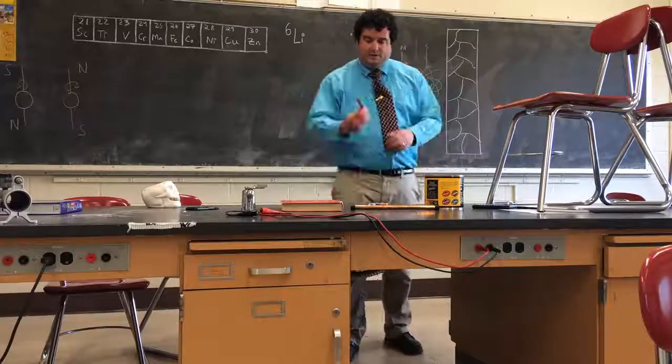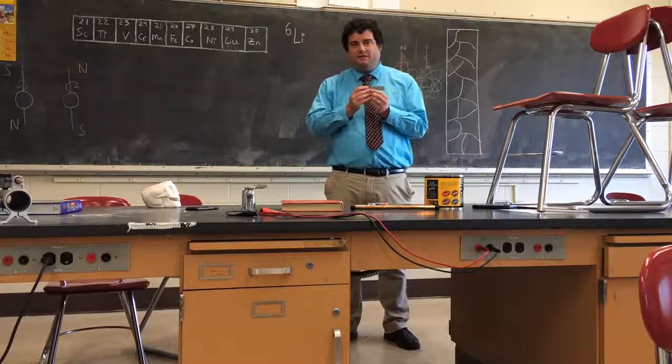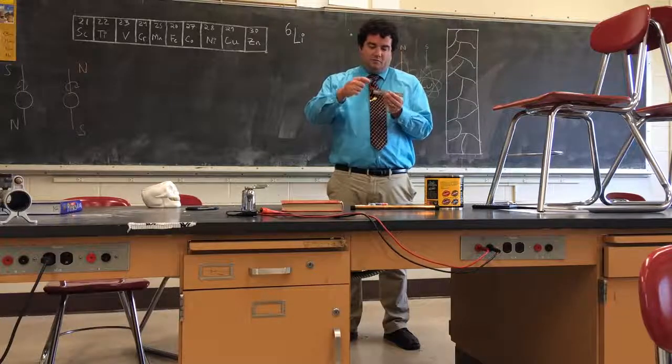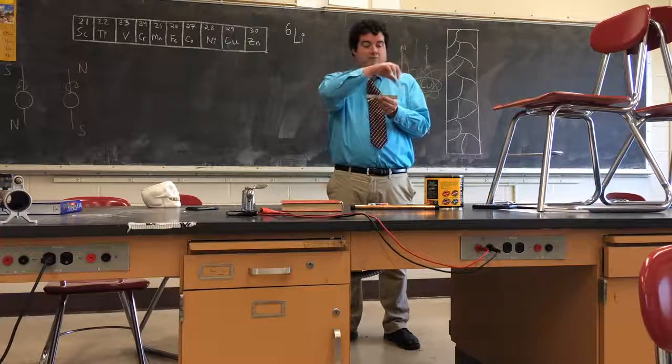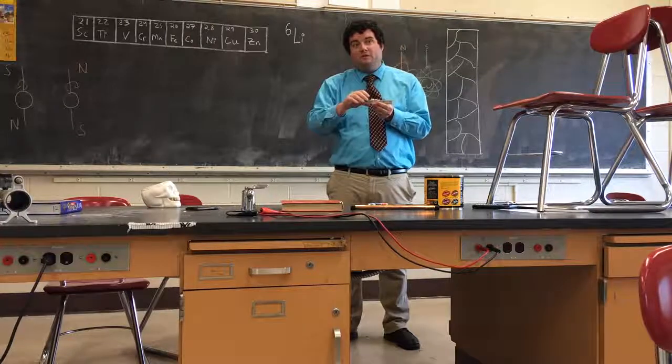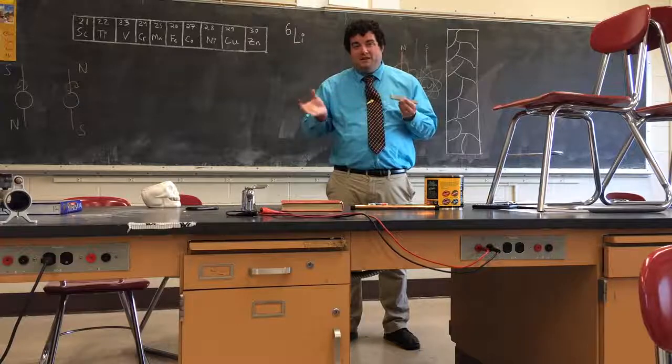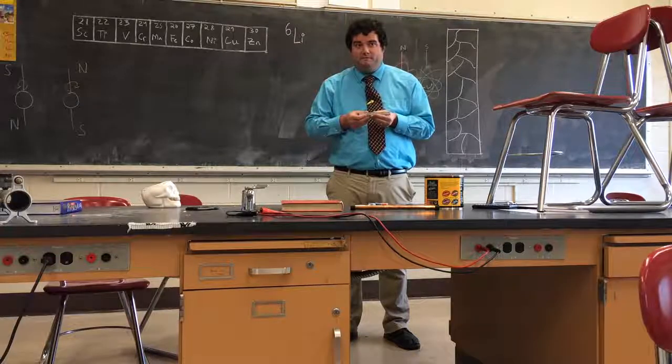What would happen if we had two magnets right next to each other? And we'll say that this one has north here and south here, and we'll put the other one opposite above it. A lot of their magnetic field would be canceled out by each other.